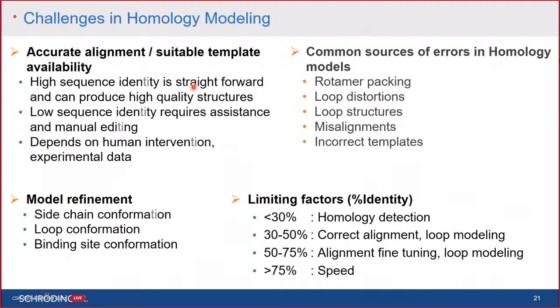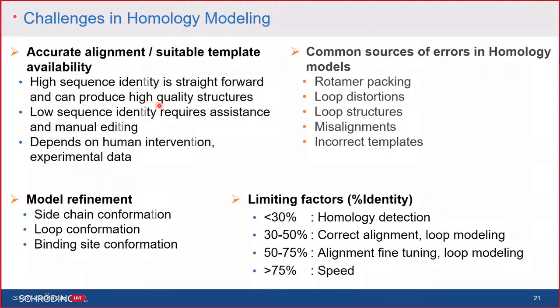There are various challenges which I found worth discussing. As I always say, you should have a suitable template structure and they should be very well aligned. If you get high sequence identity or similarity, then most of the problems will get addressed.